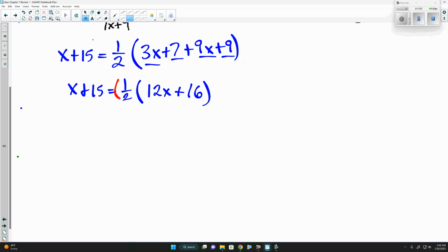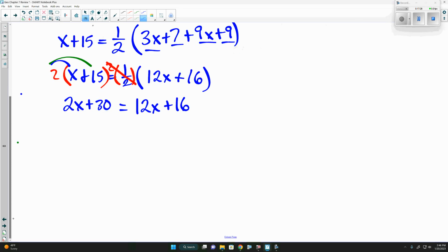Now, at this point here, we can multiply both sides by 2. Because here the 2 and 1/2 will cancel, leaving us with 12x plus 16. The other side we'll have to distribute the 2. 2 times x is 2x, plus 2 times 15 is 30. Subtract 2x from both sides, telling us that 30 is equal to 10x plus 16.